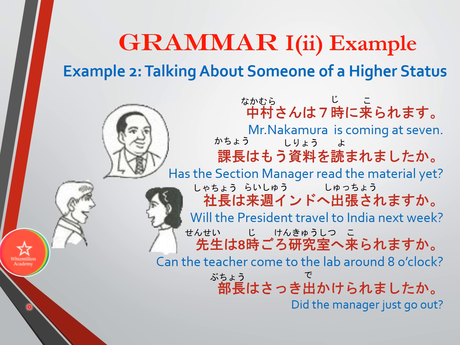So this is an example where two person of a lower status is talking about someone of a higher status. Both of them have to use sonkeigo.